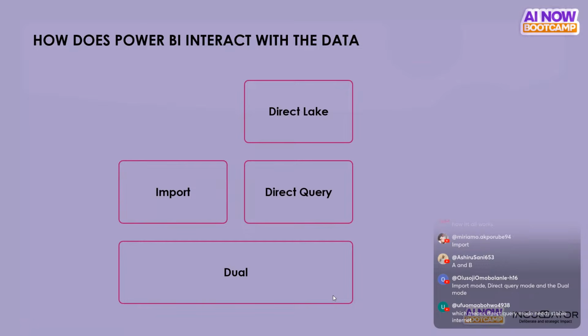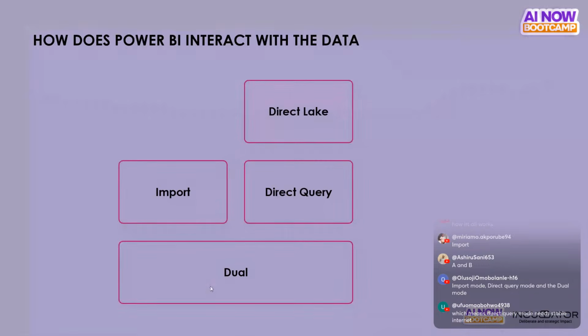You want to look at the internet connectivity. You want to also consider the volume of the data that is being queried per time. You want to consider if you need real-time reporting or if you want a scheduled refresh report. So there are a lot of things to consider, right? But you need to understand how Power BI interacts with the data. These are the four different storage modes: import mode, direct query mode, direct lake, and the dual mode.